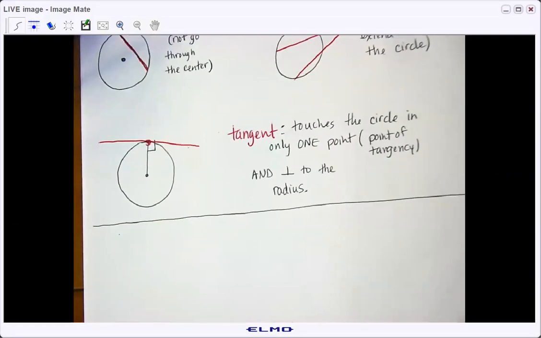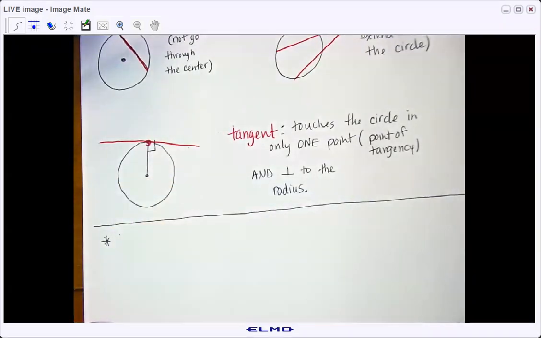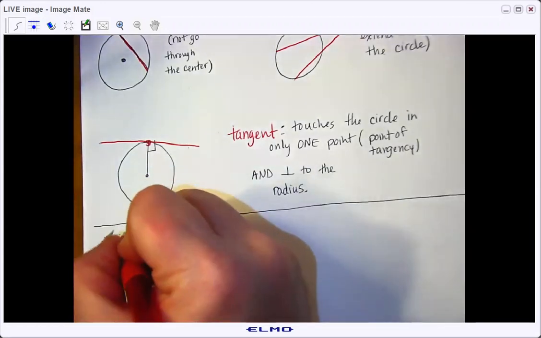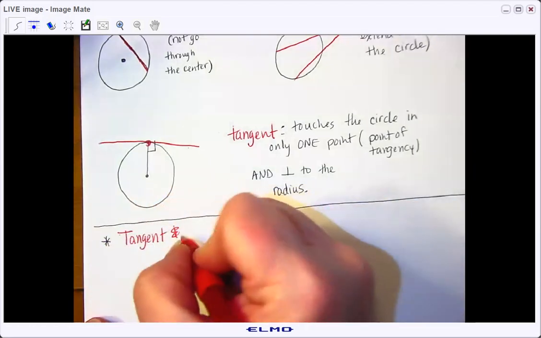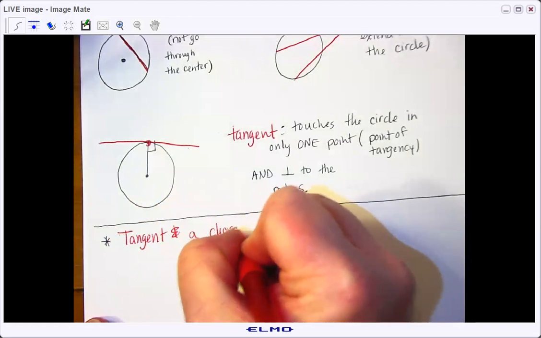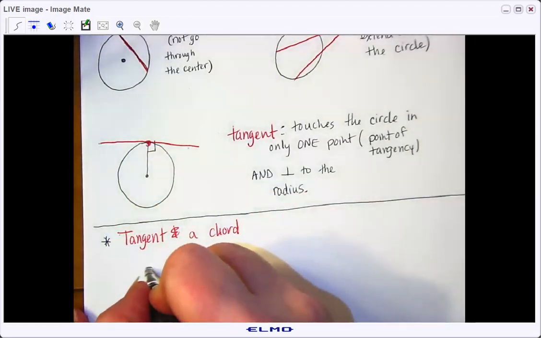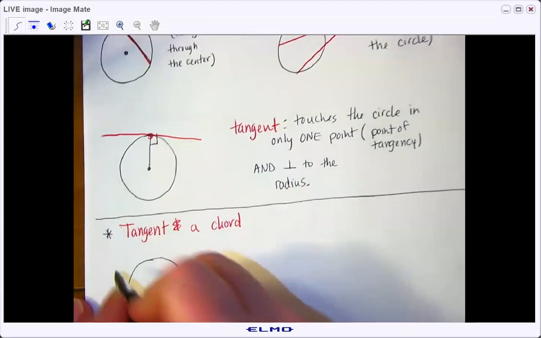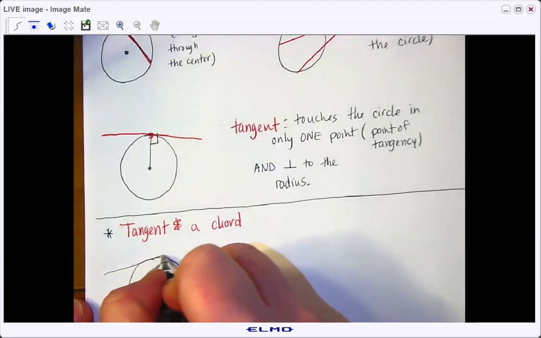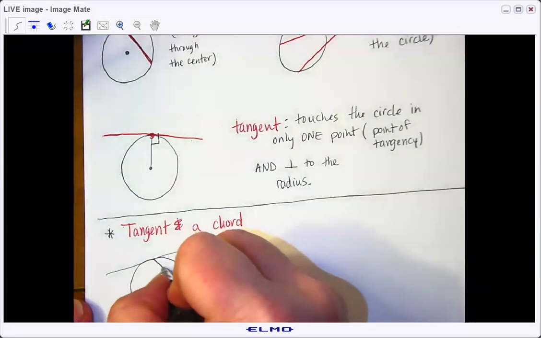So now let's look at some examples. So we're going to have different scenarios. This one is going to be a tangent and a chord. So here's our tangent. And here's our chord.